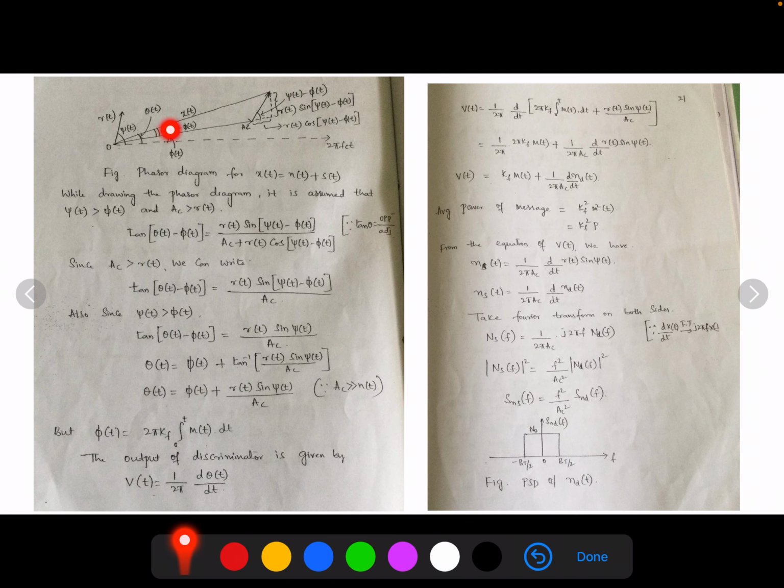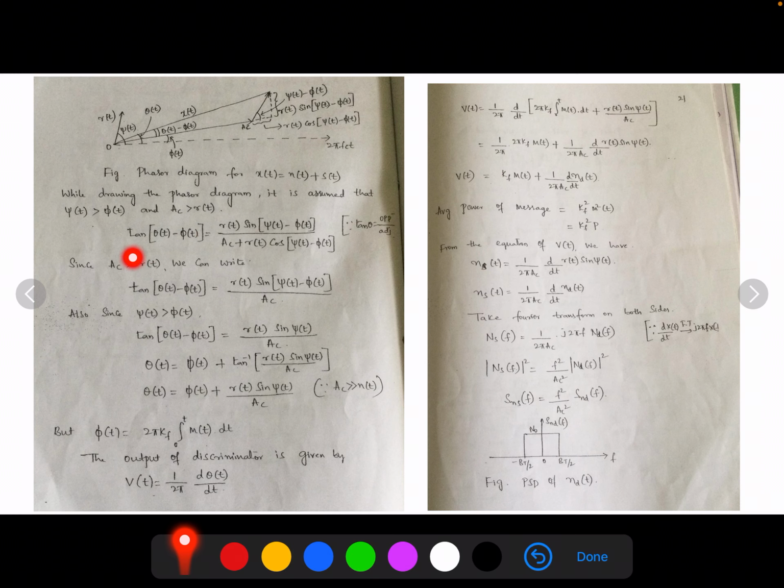So what is this angle? This is theta of t minus phi of t. It is taken with respect to the sin theta, cos theta, tan theta formulas. With the help of the phasor diagram, it is assumed that psi of t is greater than phi of t and AC is very much greater than R of t.